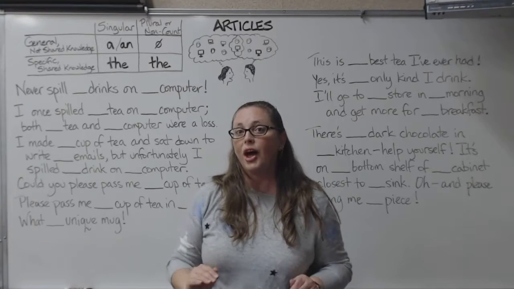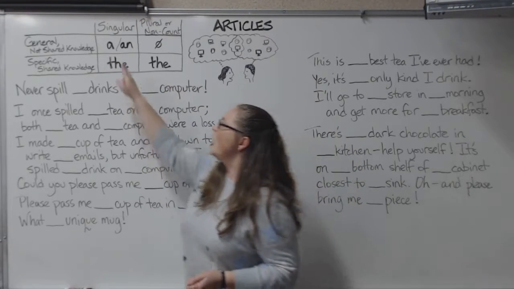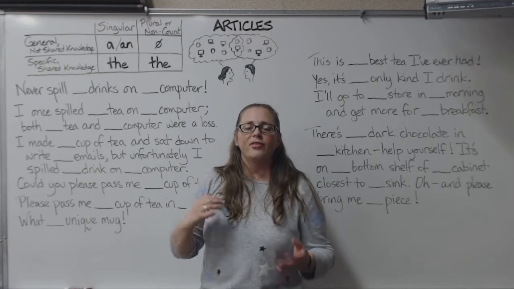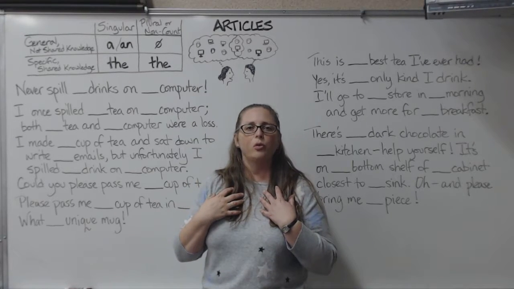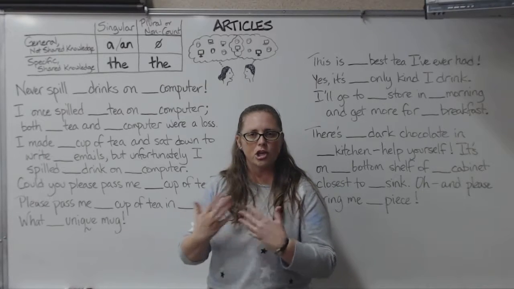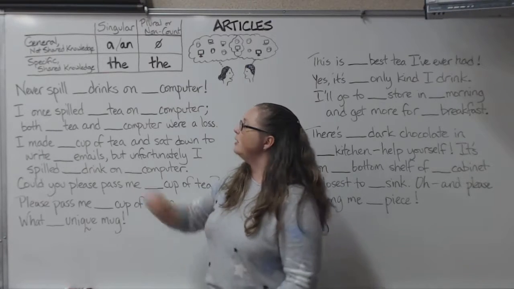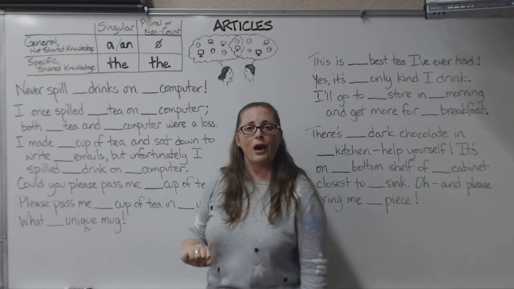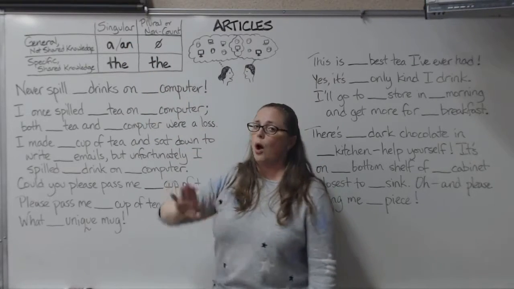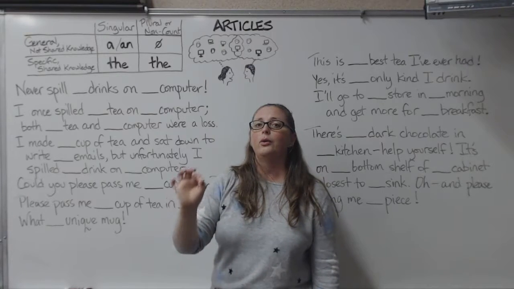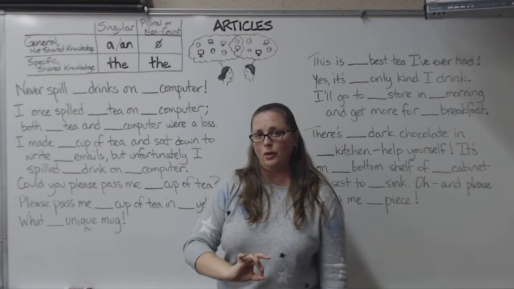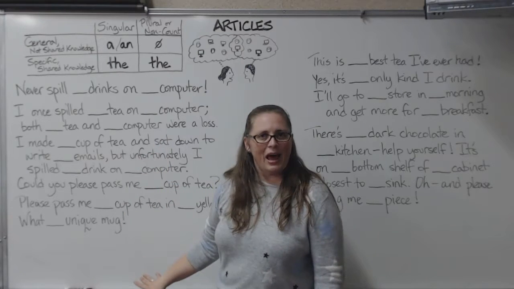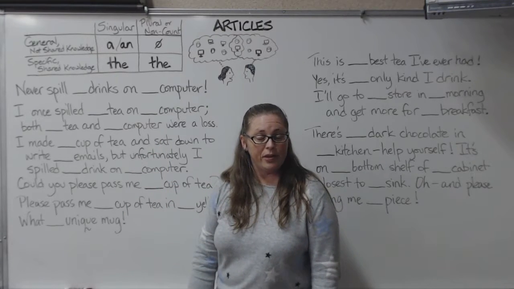If it is not shared knowledge, if it's any of something, or if the knowledge is only with one person and not shared between both, then you use a or an for singular nouns and no article for plural nouns or for non-count nouns. That's the idea. Let's see how it plays out in some examples I have up here on the board.